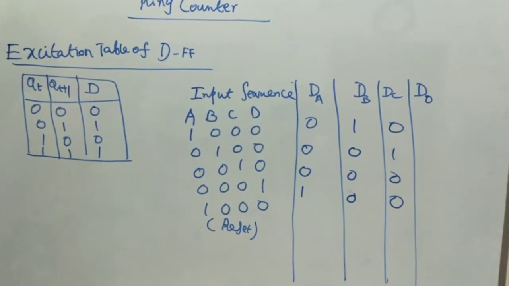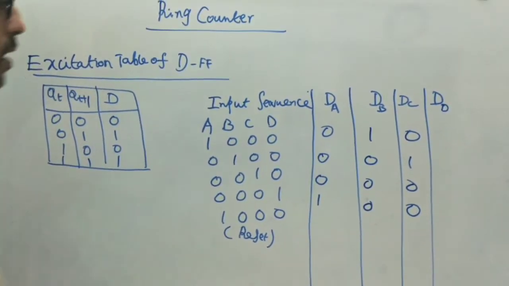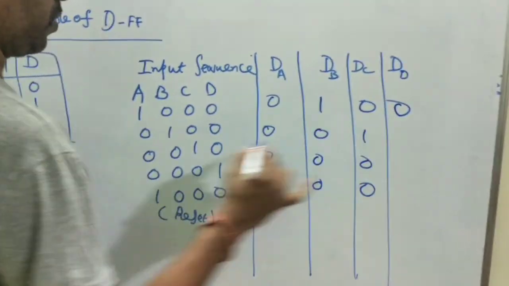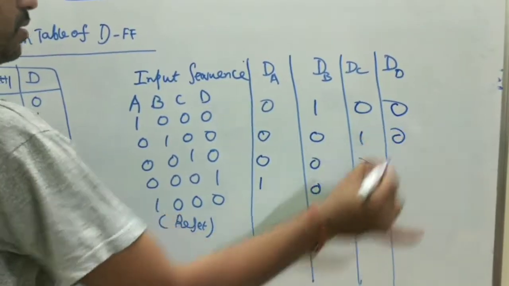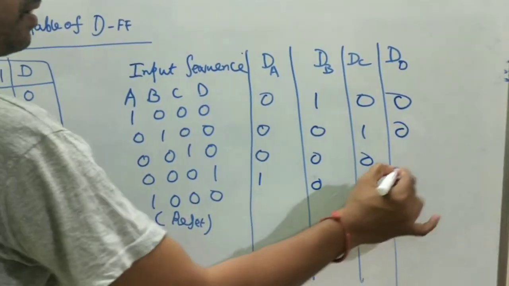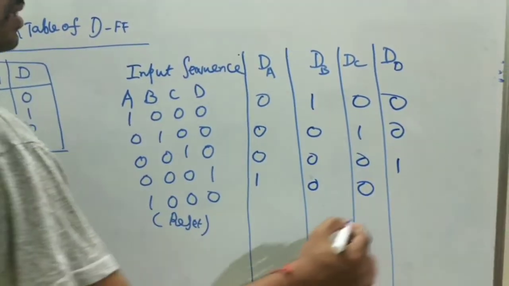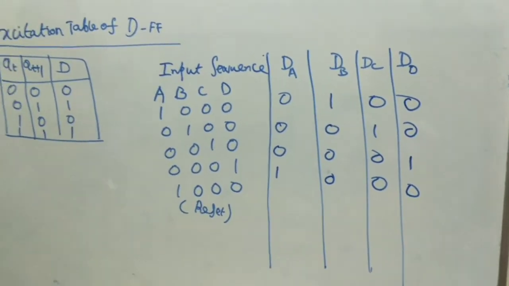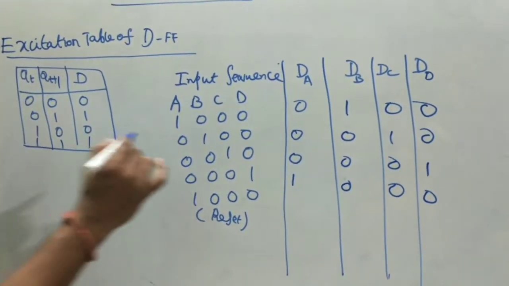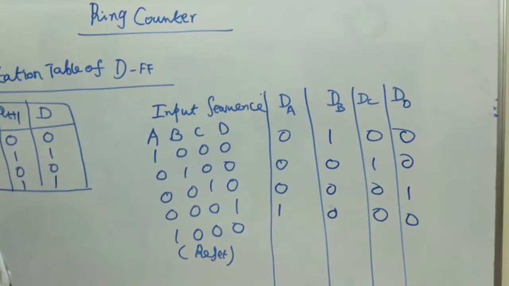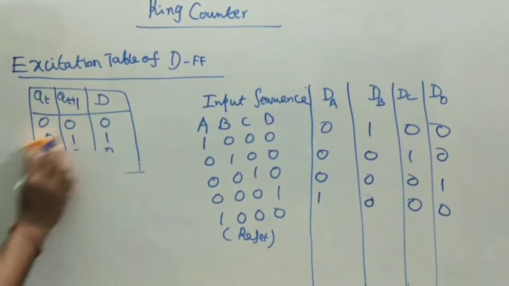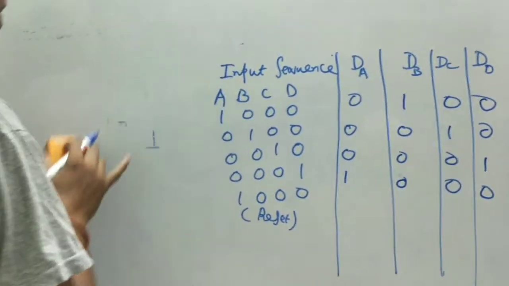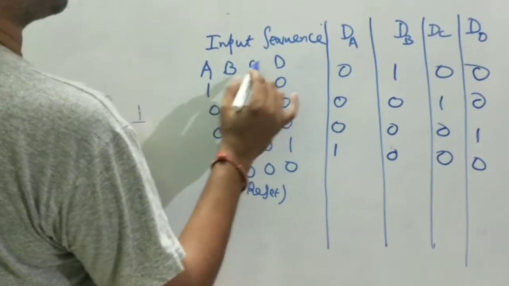Then DD: 0 0 0 0 0 0 0 1 1 1 0 0. So these are the expressions we have written for the input sequence.